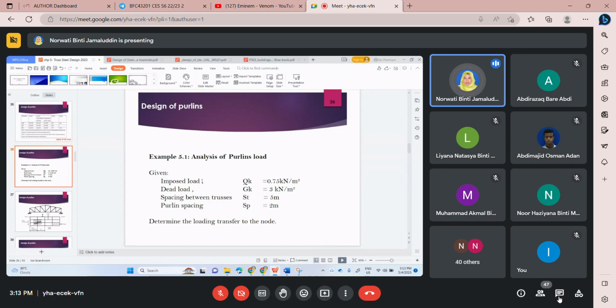We want to design a beam according to the empirical method. What do you understand about the word empirical? Apa yang awak faham tentang empirical? Kaedah empirical, what does that mean? Simplest method. What is the empirical method?